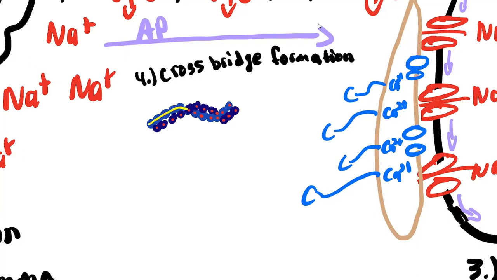Then you have the tropomyosin covering the active sites.